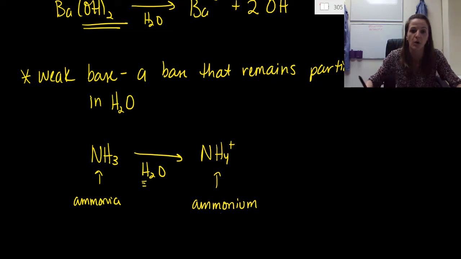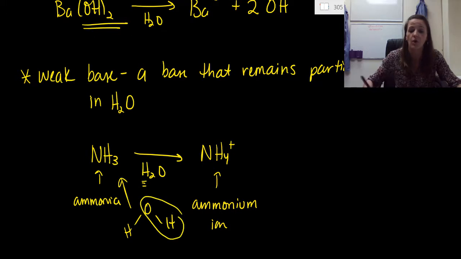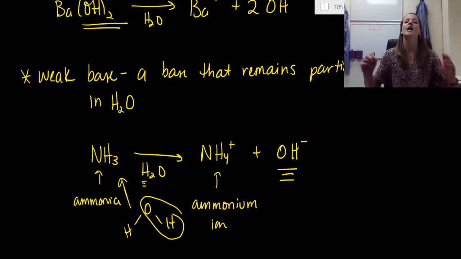So hopefully you already know this one, ammonium ion. So you steal one of the hydrogens in water, which means if one of these went with the ammonia, all you're left with is OH. And so you end up with your OH minus. Ding, ding, ding. Hydroxide, definitely looking at a base. So this is what happens for a weak base.